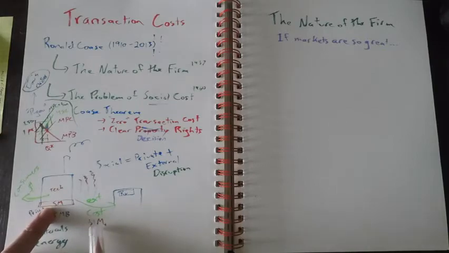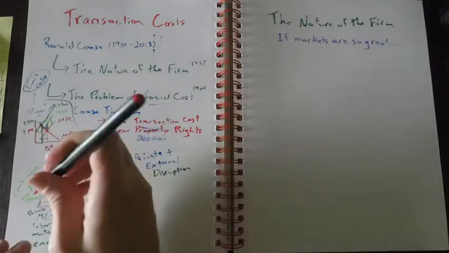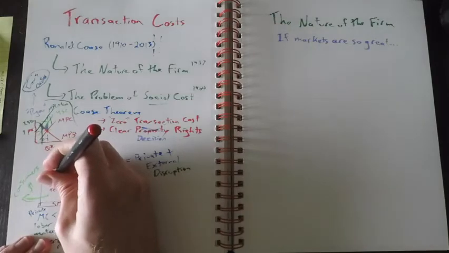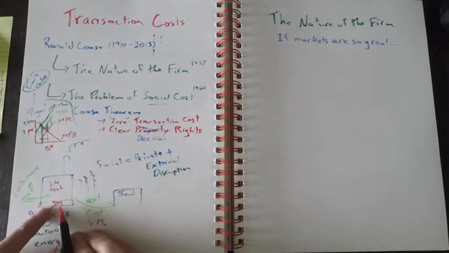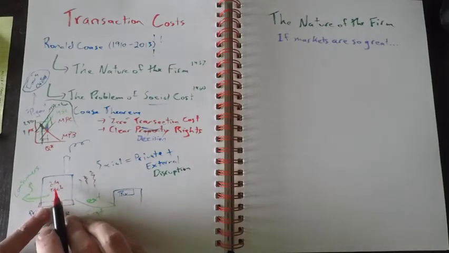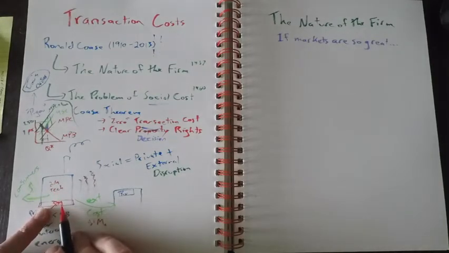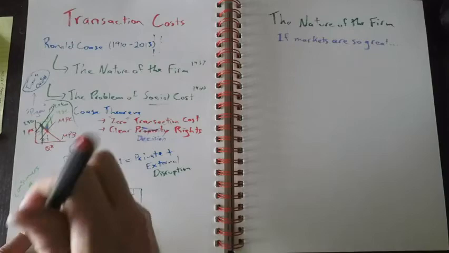That would be inefficient. Maybe there's some other technology. Maybe that technology costs $2 million. Well, that's better. And if that approach is available, then we're going to prefer that to this, right? But we're going to have some solution.